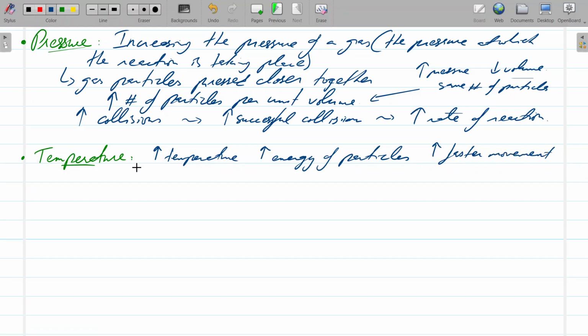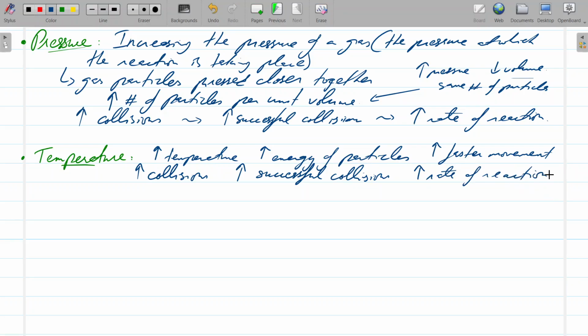When they're moving about faster, you have more collisions, more successful collisions, and therefore an overall increase in the rate of the reaction. Right, so that is the concept behind temperature affecting the rate of reaction.